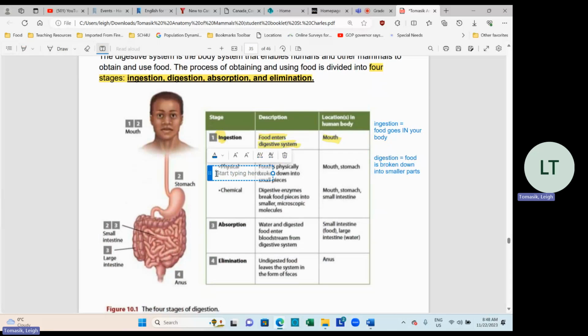So physical digestion would be like your teeth, and chemical digestion would be like your saliva. Okay, so physical digestion, food is broken physically down into smaller pieces, right? So that means basically by movement.